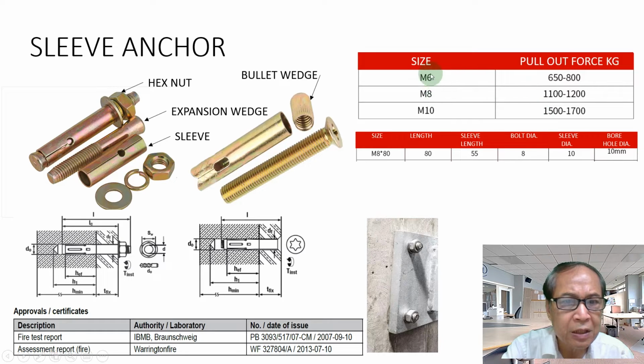Now, M6, M8 is the diameter of the bolt in millimeter. You see the M8 has more than 1 metric ton pull out force. For a bolt diameter of 8 millimeter, the size of the hole should be 10 millimeter.